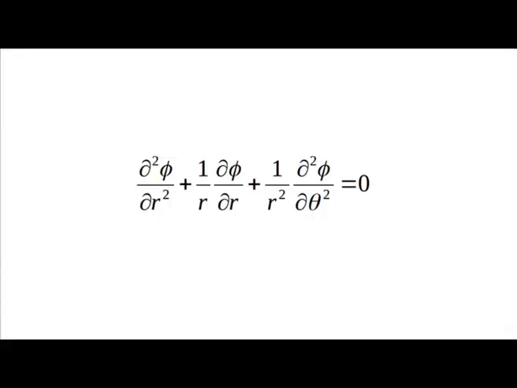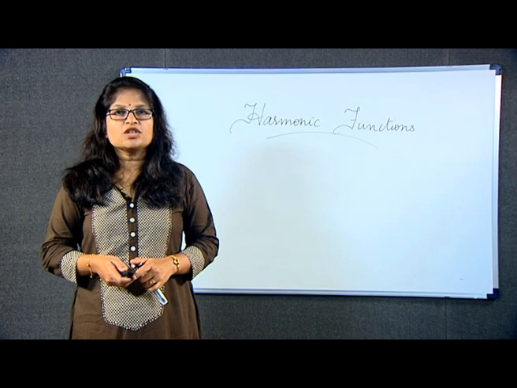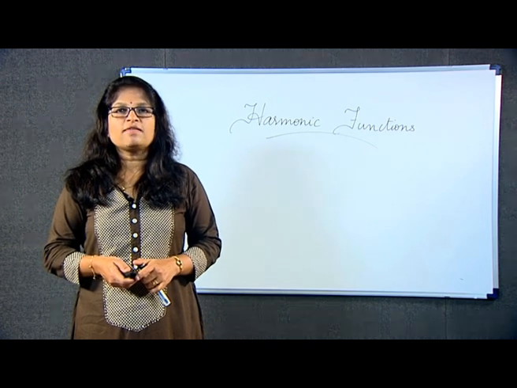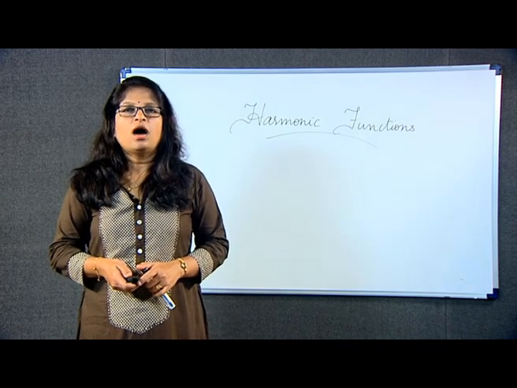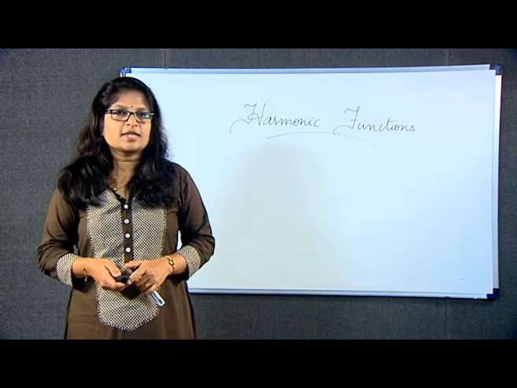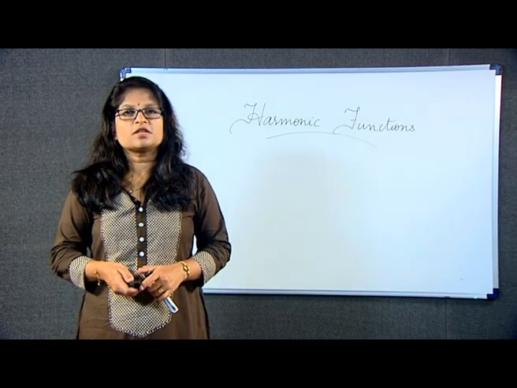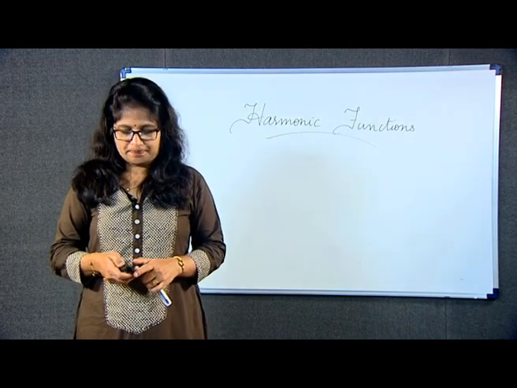That is the Laplace equation in polar form, which is given by ∂²φ/∂r² + (1/r) ∂φ/∂r + (1/r²) ∂²φ/∂θ² = 0. So, when I give you a function in the polar form, you check whether the Laplace equation in polar form is satisfied, together with all the partial derivatives of first and second order being continuous with respect to r and θ.